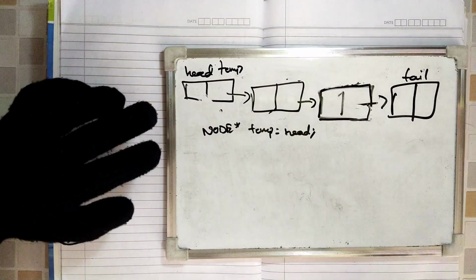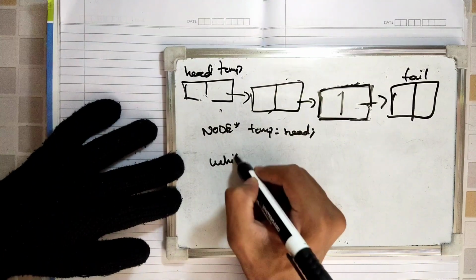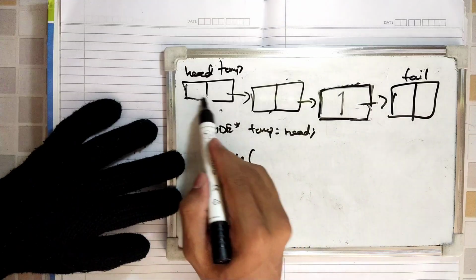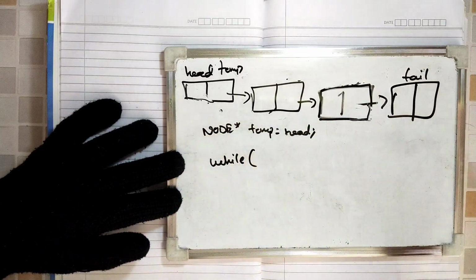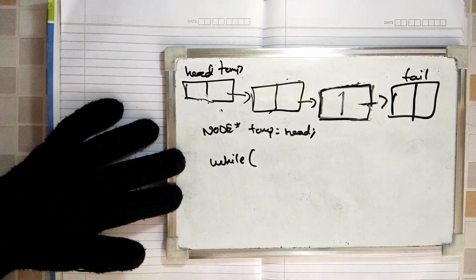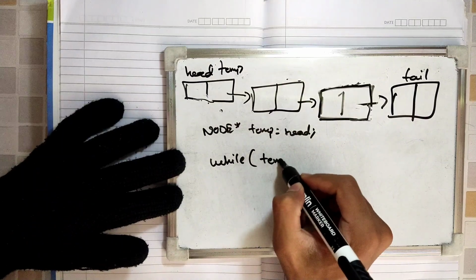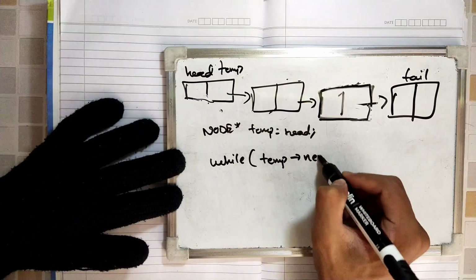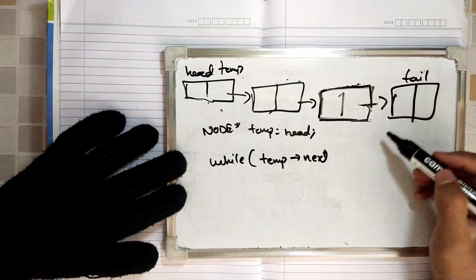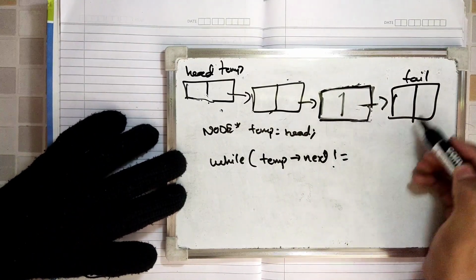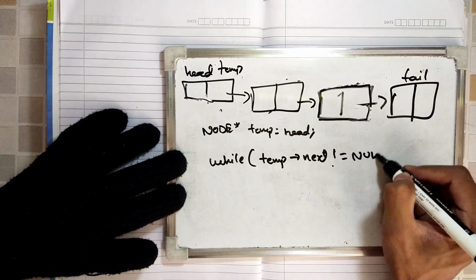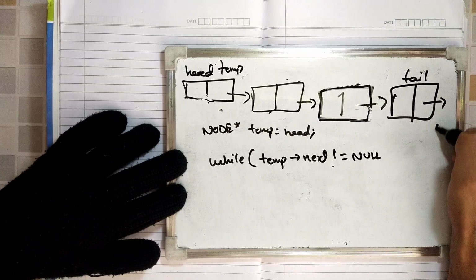What will I do? I will write a while loop again. I have to display the info of each node, and then traverse till the last node. So what will I do? While temp of next. In deletion we wrote not equal to tail, right? Here I will write not equal to null. So this part is null right here.